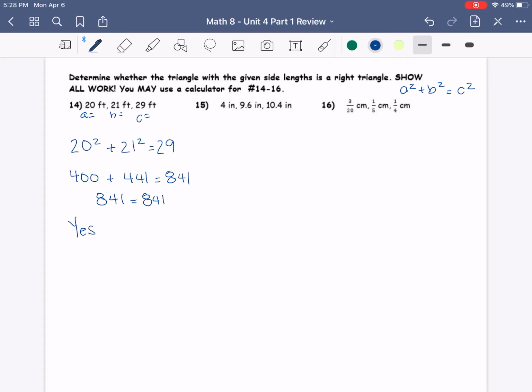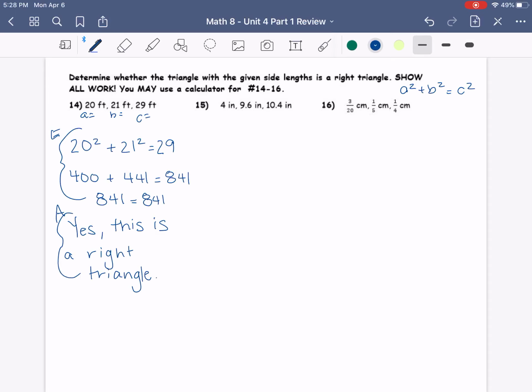So this gets me a true statement because 841 does equal 841. So yes, this is a right triangle. There's my analysis. Here is my evidence.